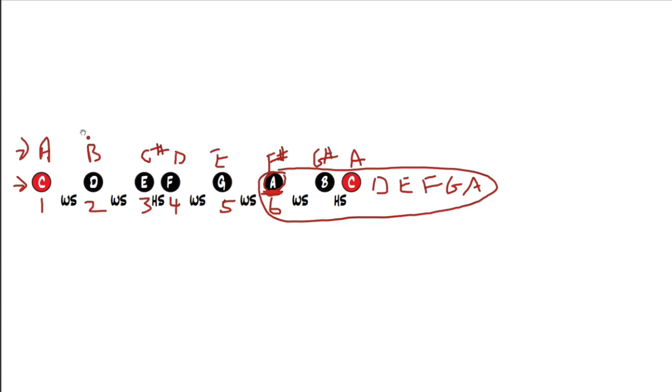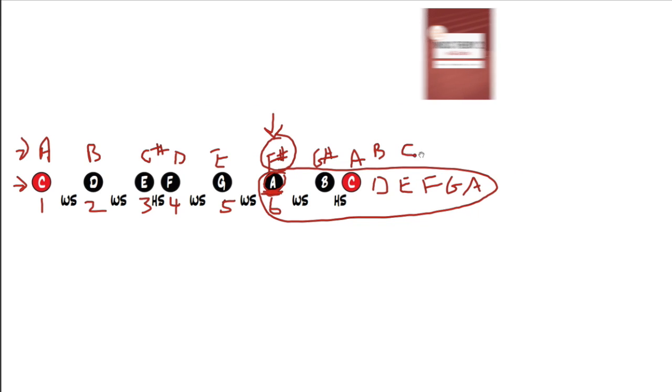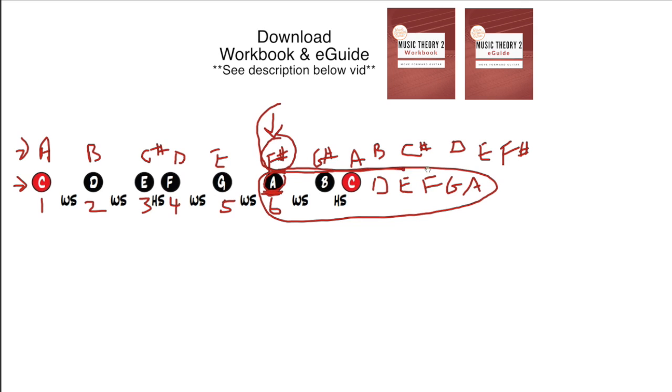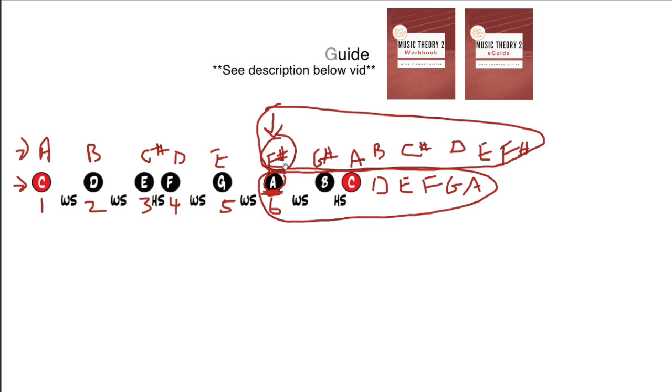It's the same thing for any key. In the key of A, we count over 6. The sixth note is F sharp. So then we would just continue the notes out, F sharp, G sharp, A, B, C sharp, D, E, back to F sharp. We'd have the F sharp natural minor scale right here if we made F sharp our tonic.